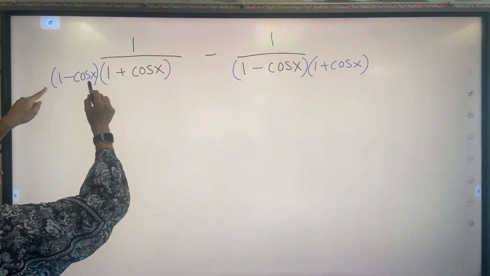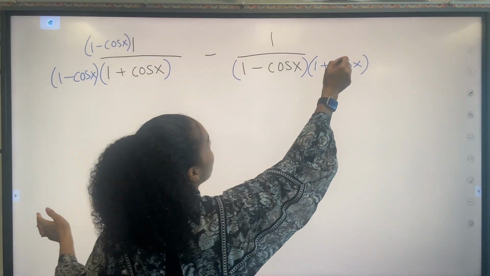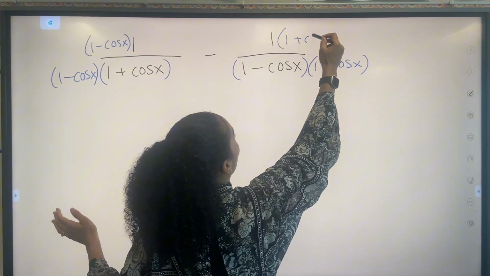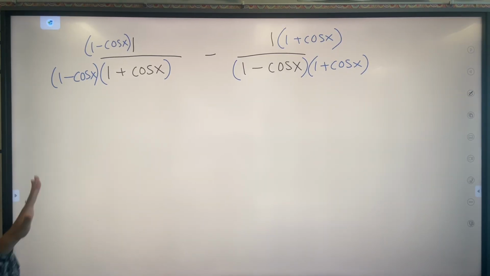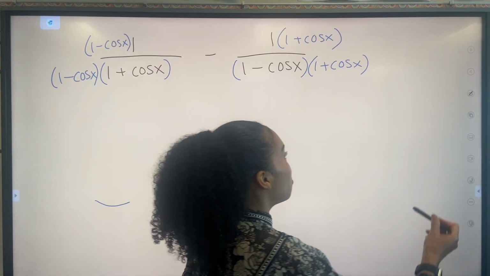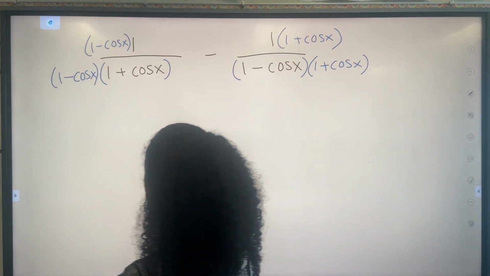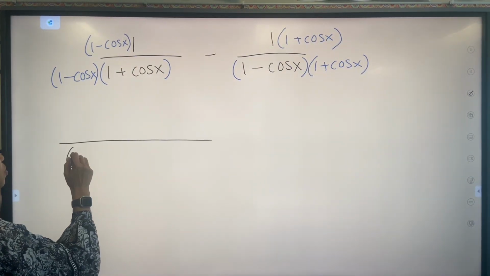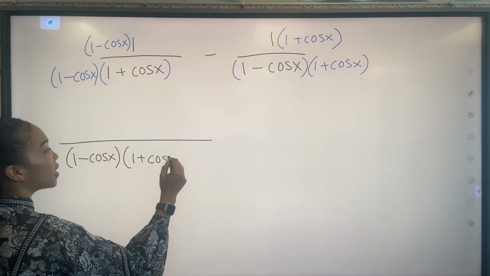If you do this to the denominator, you also need to do it to the top. If you put this on the bottom, you also need to put it on the top. Okay, so now that my denominators are the same, we can go ahead and combine them. So your denominator, just copy it down. It's 1 minus cosine x times 1 plus cosine x.